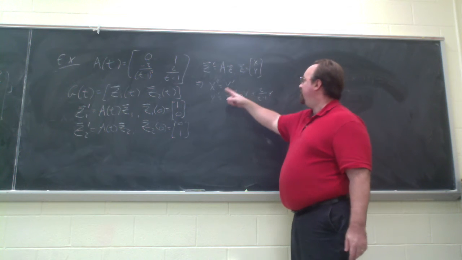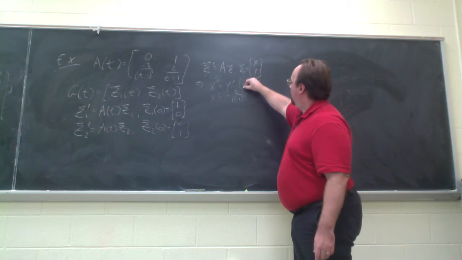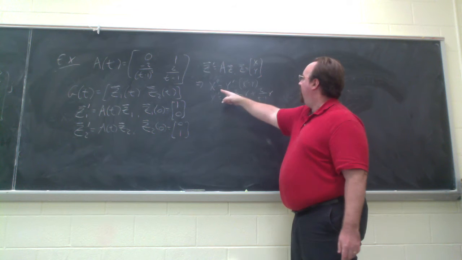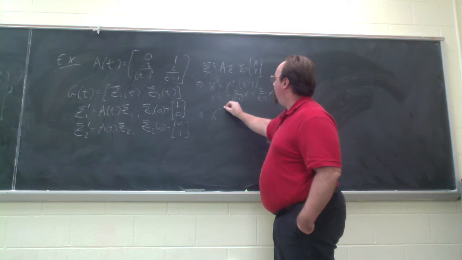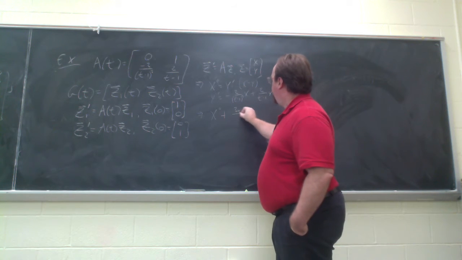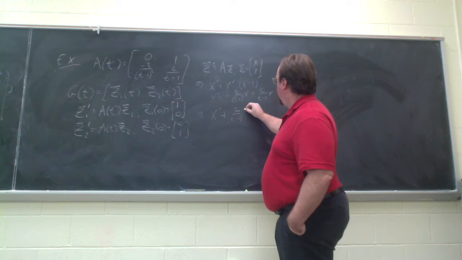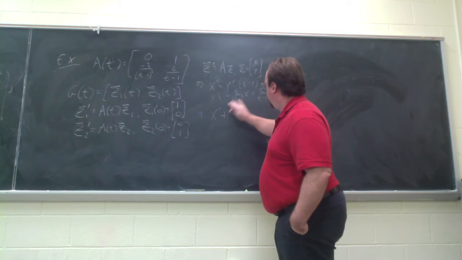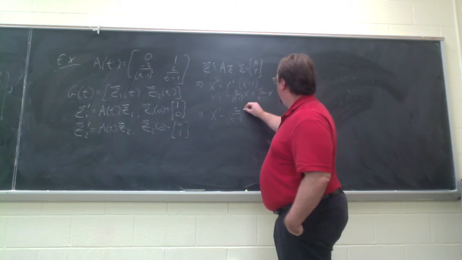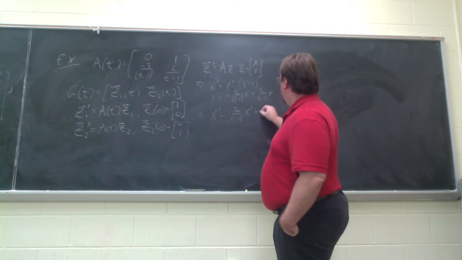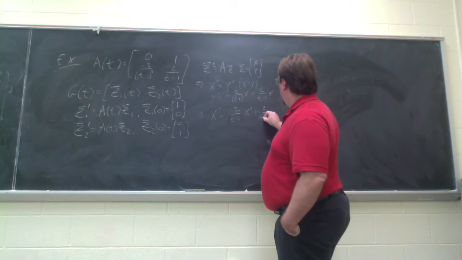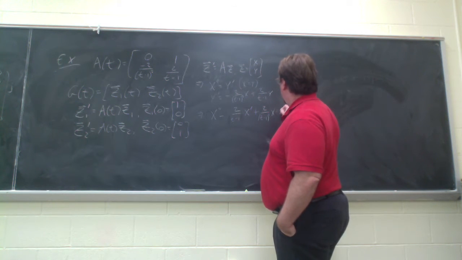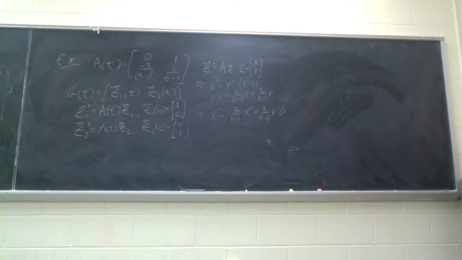So now I can just eliminate y altogether and combine this into a single ODE: x double prime minus x prime plus 2 over (t minus 1) squared x is equal to 0. So now I get this single second-order ODE that comes out of all this.